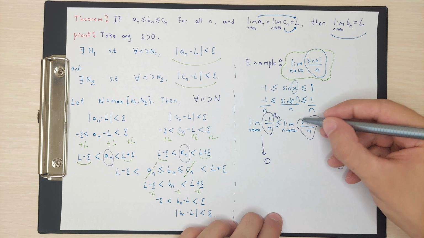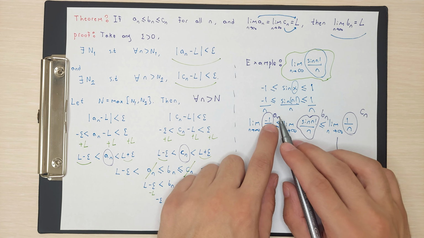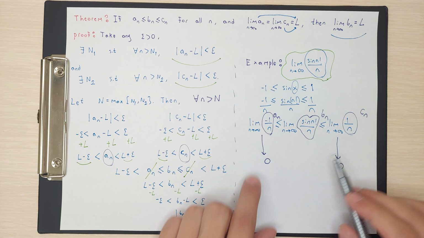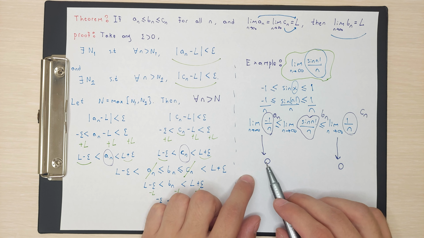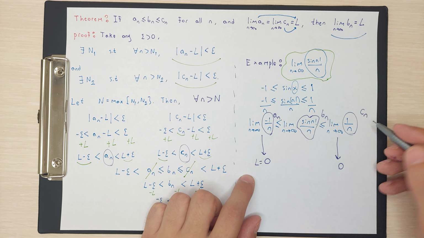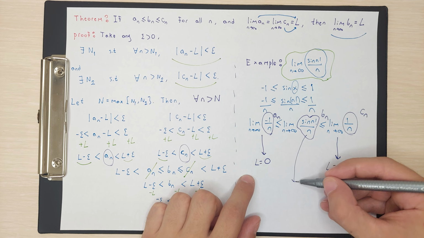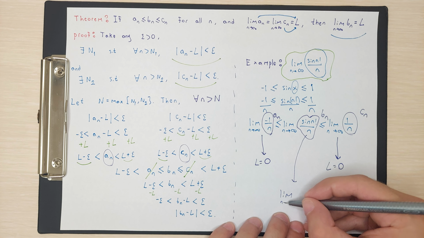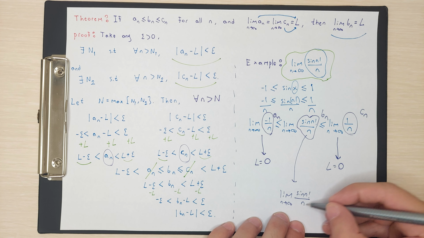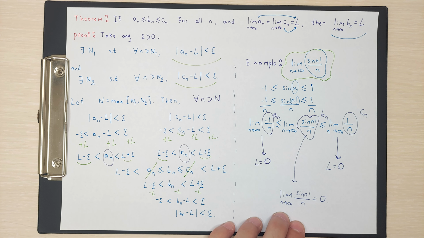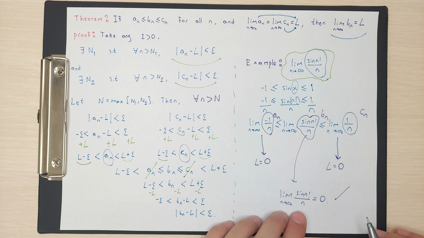And as you can see, this is the sequence bn. bn is always between an and cn. So an converges to L, which is 0 now, and cn converges to L, which is 0 now. Now we can easily say that limit bn, which is sine n factorial over n, is 0. So this is the result of that example.